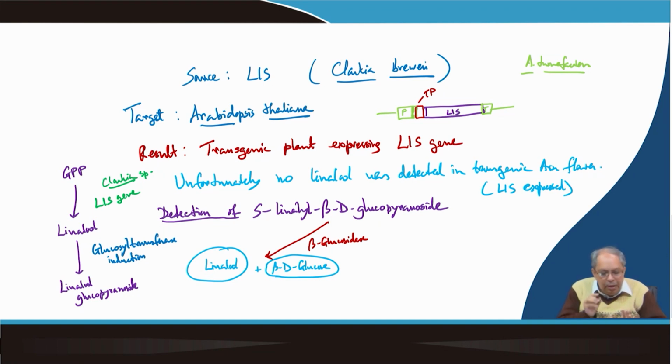So, plants were successfully producing linalool but converted it into linalool glucoside, maybe as a sort of detoxification mechanism or adaptation. The message is that whatever you want to do with the plant, it may not happen; they are equally clever. They will do whatever they feel is necessary for their survival.